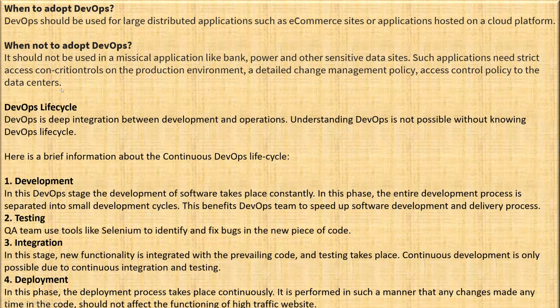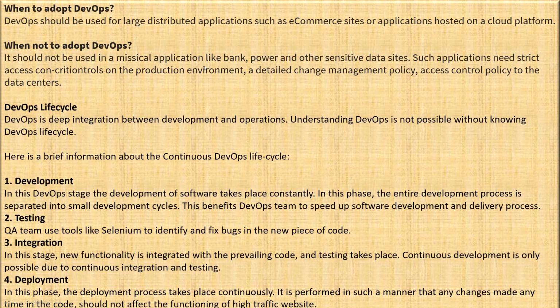Now, when to adopt DevOps, who can use DevOps? DevOps is basically used by large distributed applications such as e-commerce websites and applications hosted over a cloud platform, as well as on-prem. When can't you use DevOps? It is not necessary for everyone to use it.